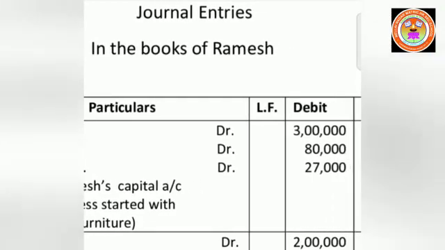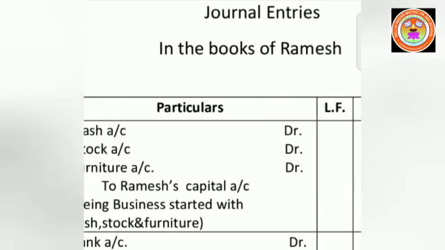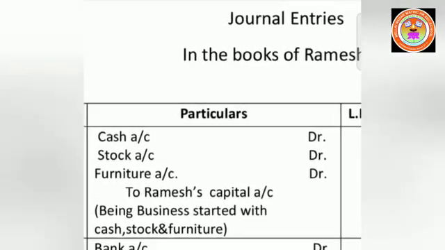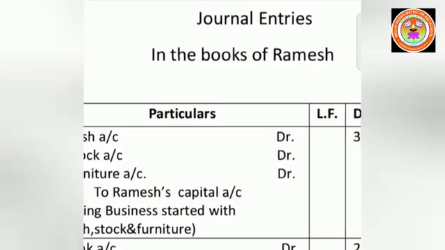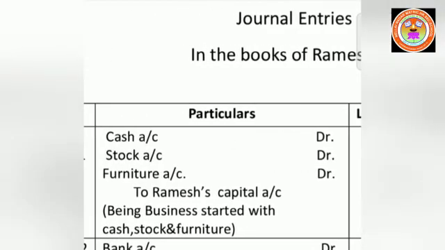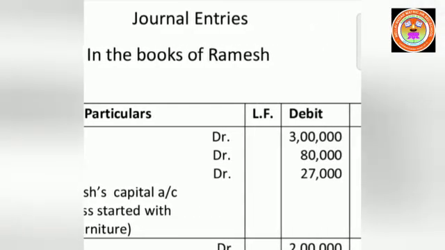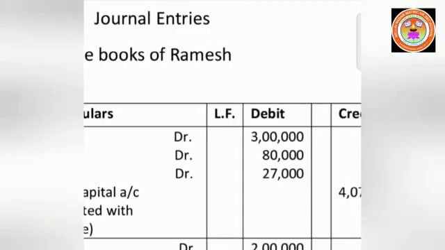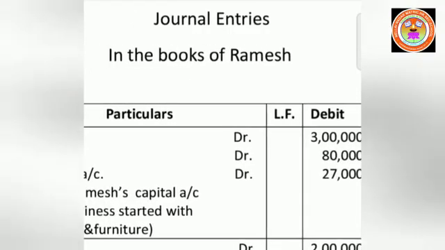So here cash account debtor, stock account debtor, furniture account debtor. Write the concerned amount, related amount to the particular account. Cash account 3 lakhs, stock account 80,000, furniture account 27,000. Right? Correct amount in correct account.